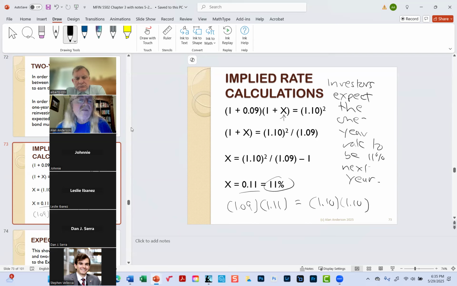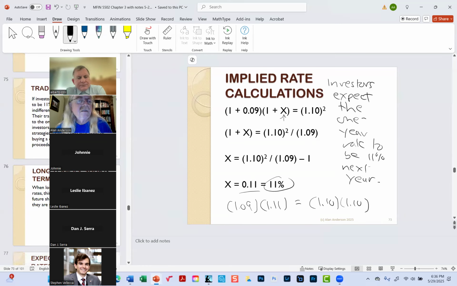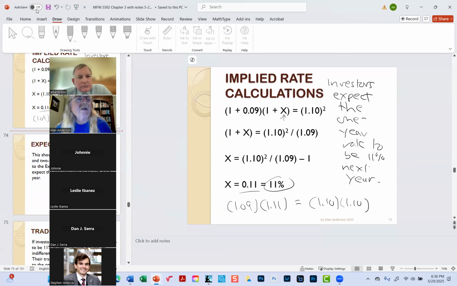Now, by the way, if you're interested, we can do the same thing for when we expect rates to go down. Let's say, oh, okay, I guess we can invent one right on the spot.